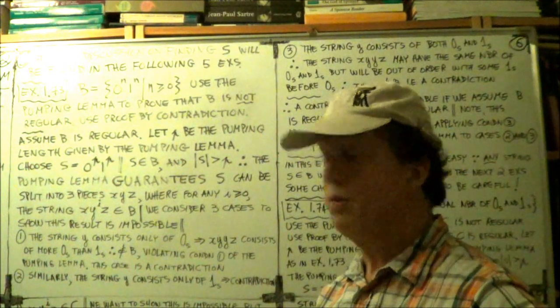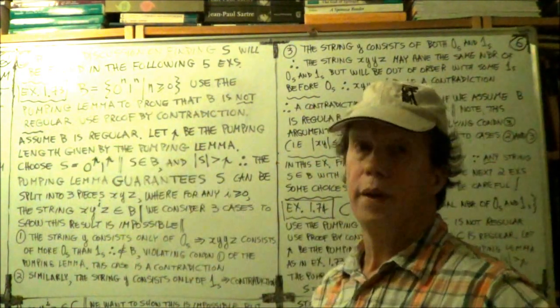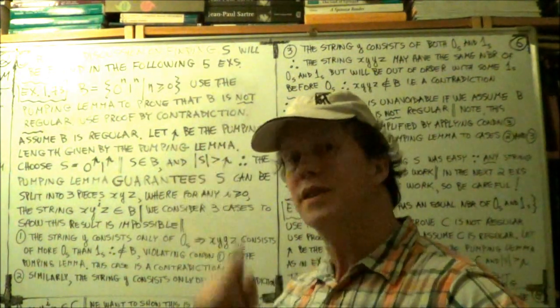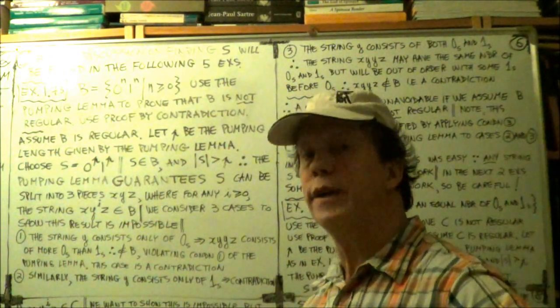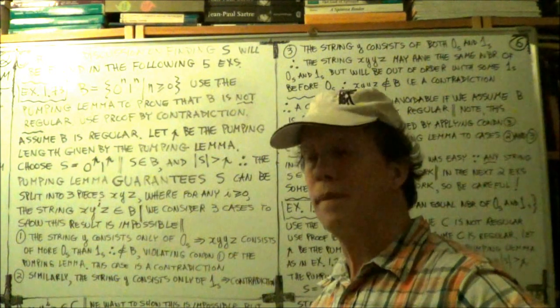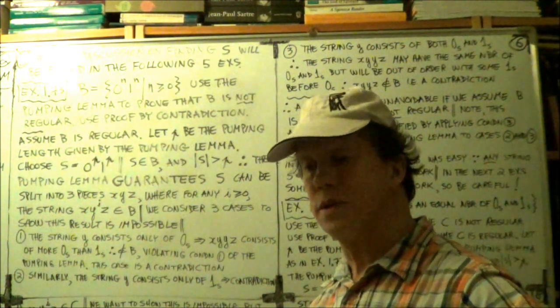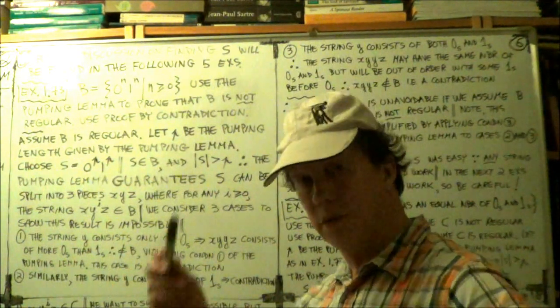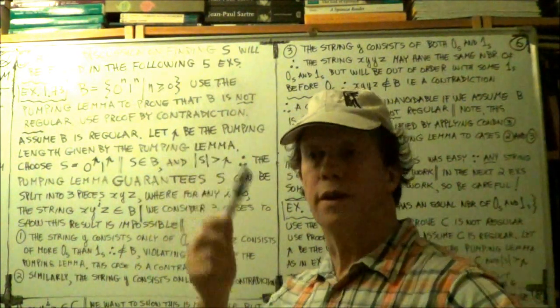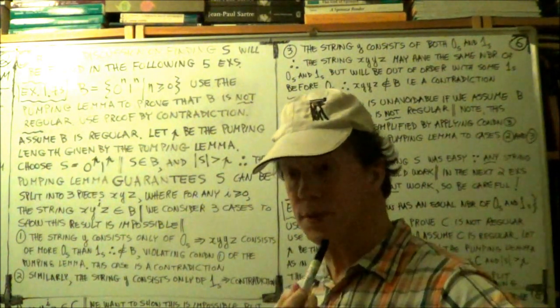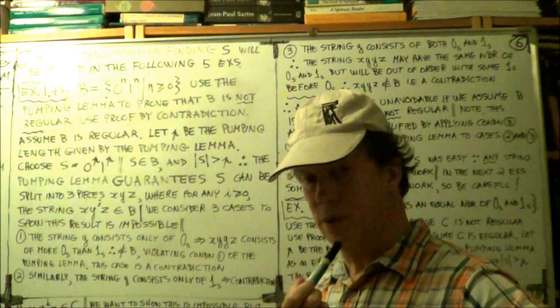And you're asked to show that this language is non-regular, meaning you cannot have a finite automaton, a DFA, that recognizes it. In other words, there's no DFA, which by definition has a finite amount of memory, to recognize it.